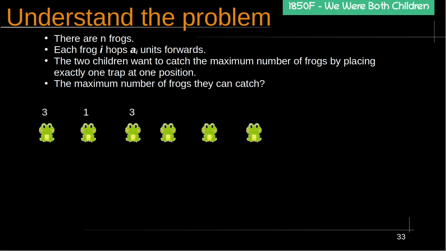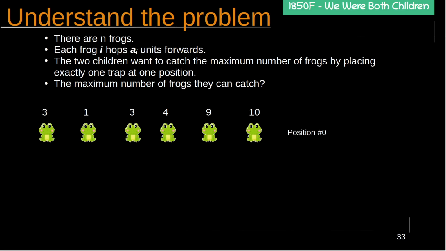Frog number 3, 3 units forward. Frog number 4 can hop 4 units forward, frog number 5 can hop 9 units forward, and the last frog can hop 10 units forward.